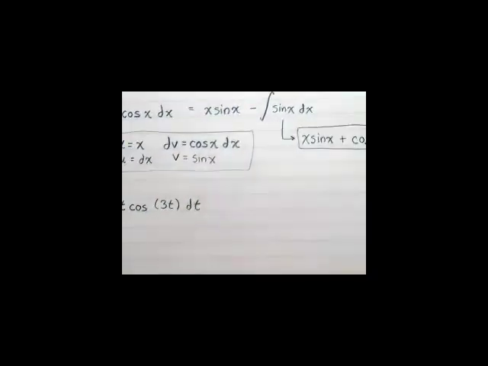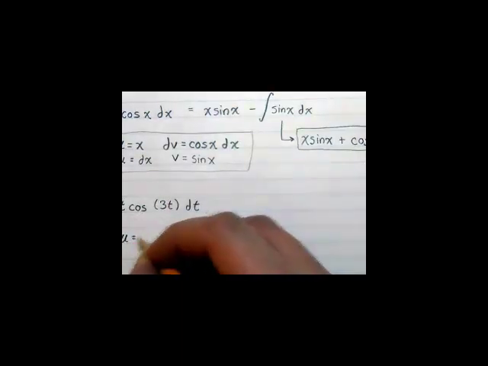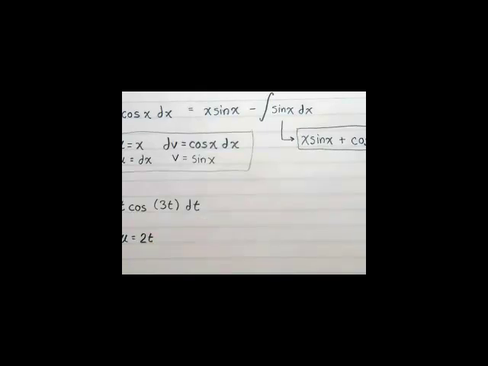Okay, so this one, oh, that's kind of similar to the last one. Let's just do it. Okay. You guys can probably guess at the u on this one without too much trouble. So what do you think? And the dv?